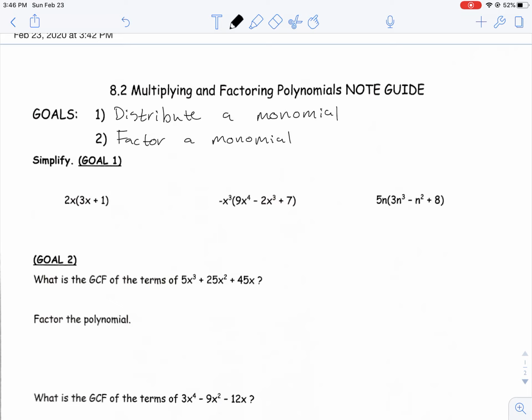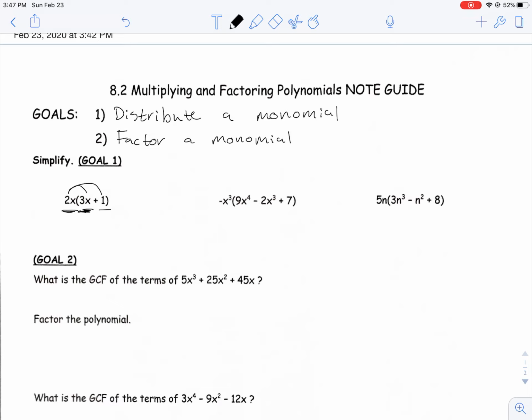But for 8.2, to start here, basically we have something outside of the parentheses and then 2 things inside the parentheses. And we are just going to use the distributive property. Now, when we use the distributive property, we are multiplying, right? So basically what we're going to get as a result is 2 terms. One is just multiplying these first 2, and then one is multiplying the 2x and the 1.